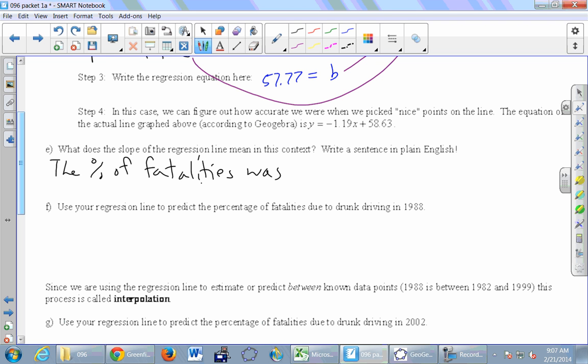Decreasing, right? It's changing in a negative way, so it's decreasing. Was decreasing by about 1.11%. What were the units again? It was percent over years, right? But that's not a plain English way of saying it. What's a better way to say it?